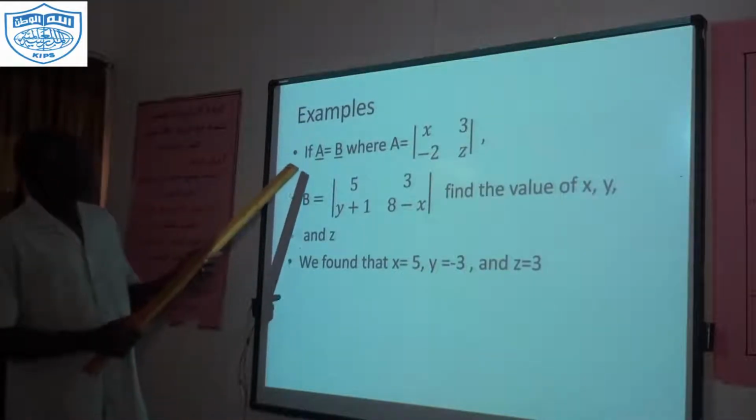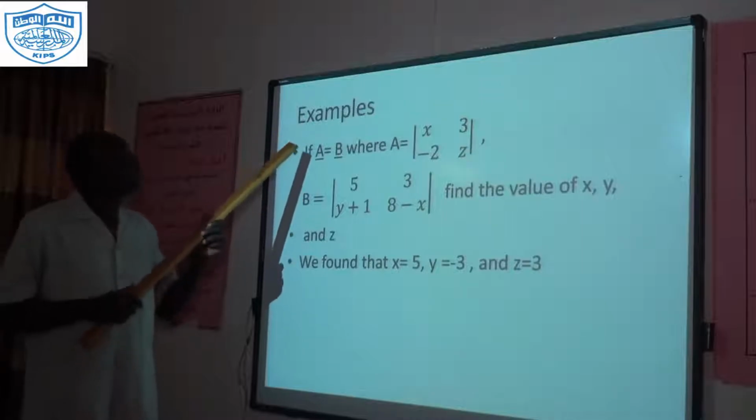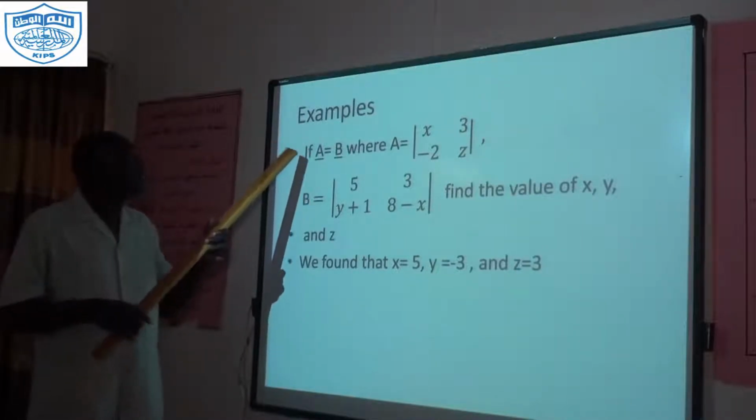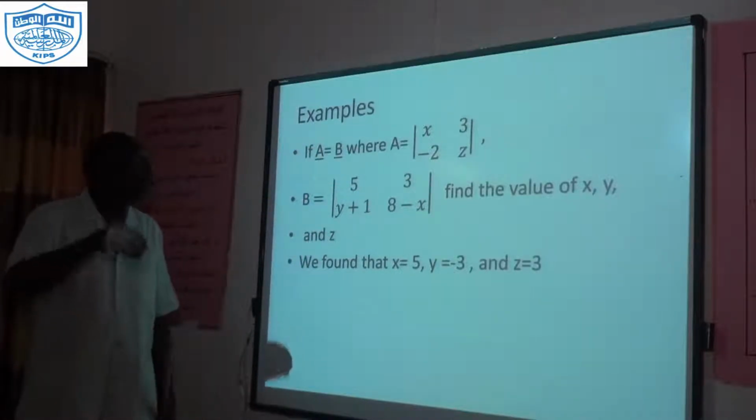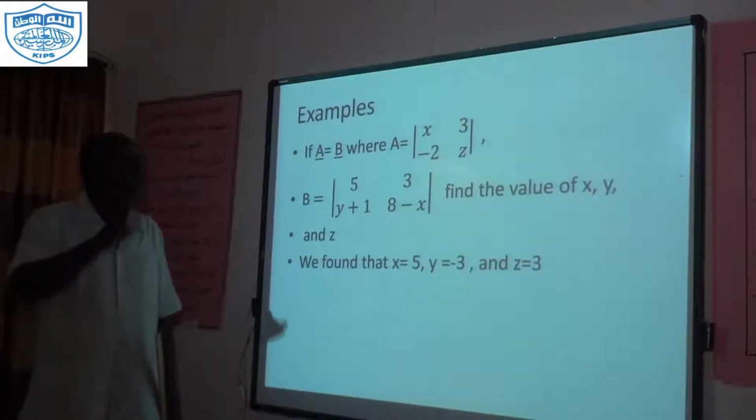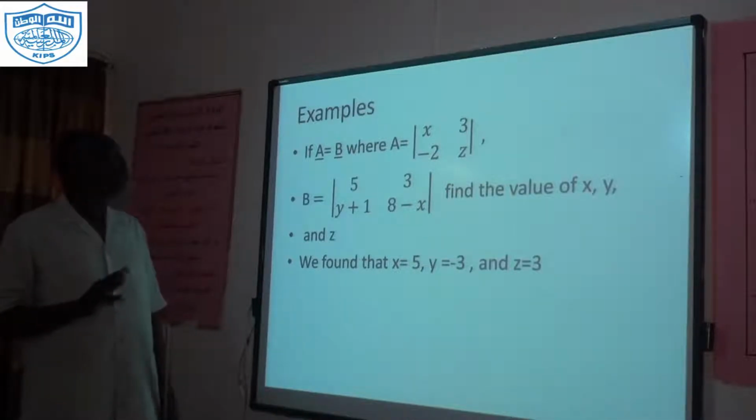Example. If A equals B, since A equals B, it means that A and B are of the same dimension and the corresponding entries are equal.